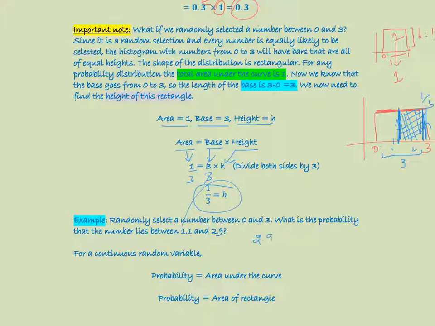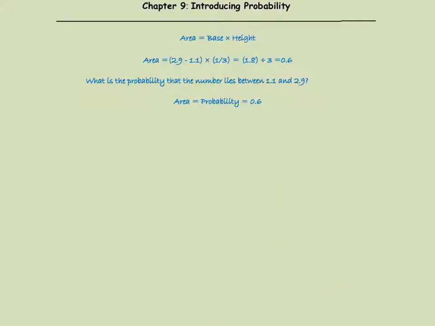So we get 2.9 minus 1.1, which is equal to 1.8. So that is the base of the rectangle. The height we've already determined is equal to 1/3.